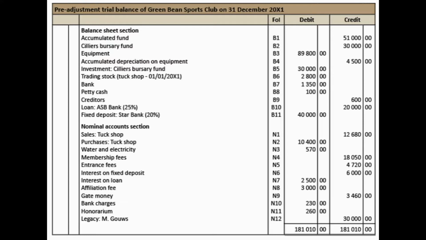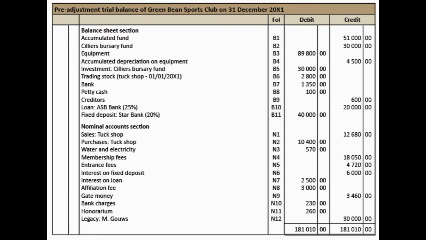At that stage, it wasn't clear what we must do with it. Must we capitalize it, or maybe they said we must wait till the end of the financial year and then we need to capitalize. We were not supposed to do it immediately. So that is why that full amount was written in the nominal account, the legacy MGOs.